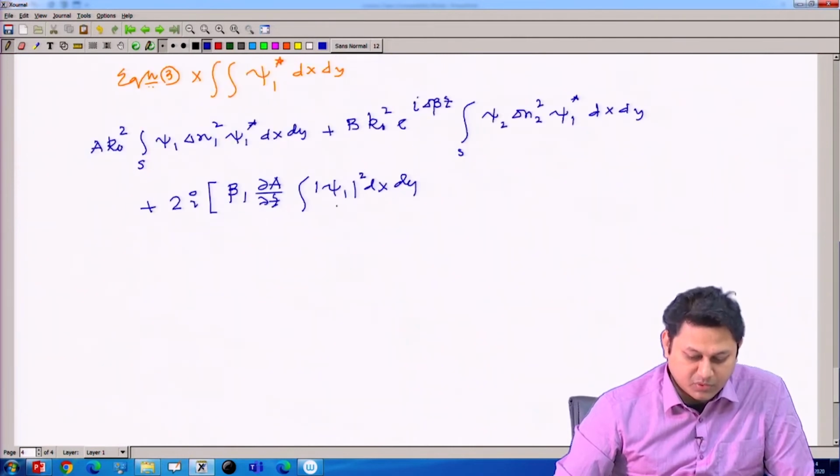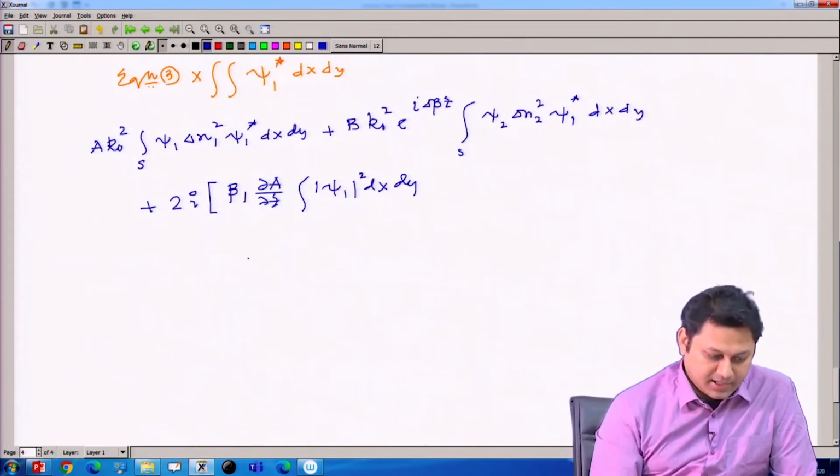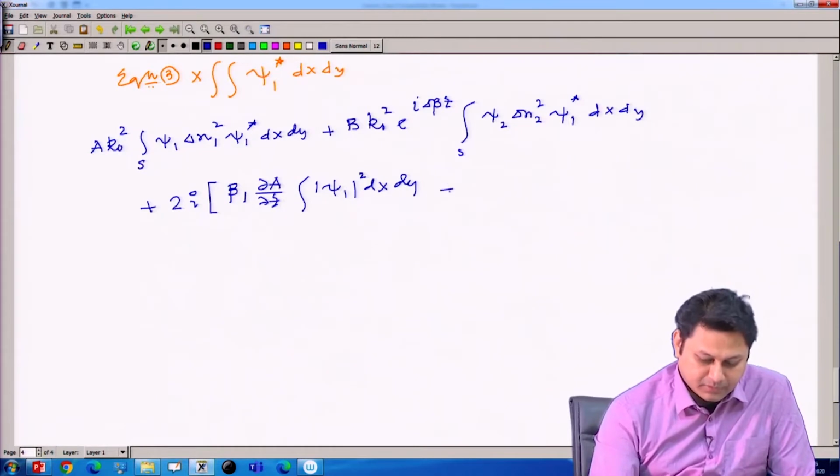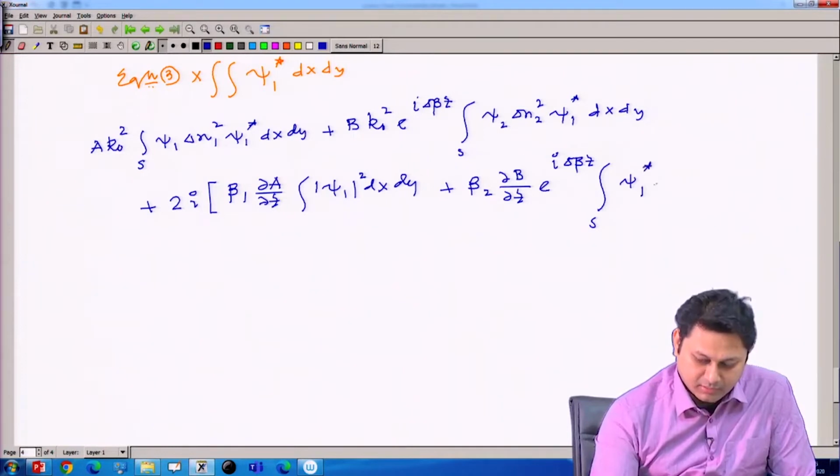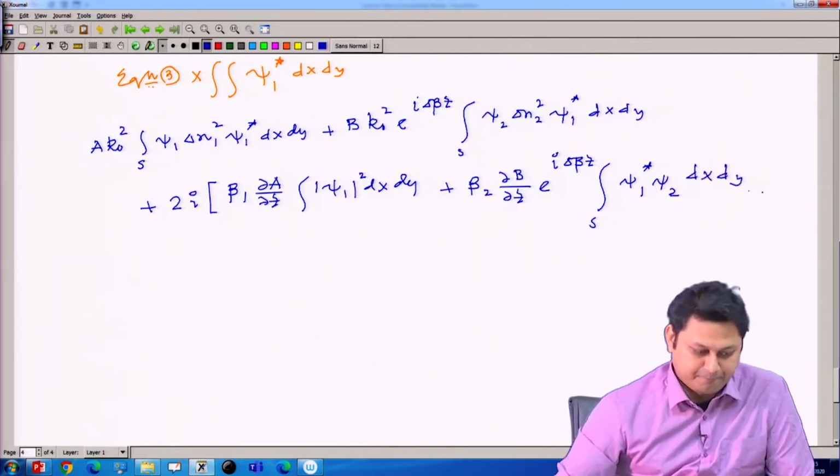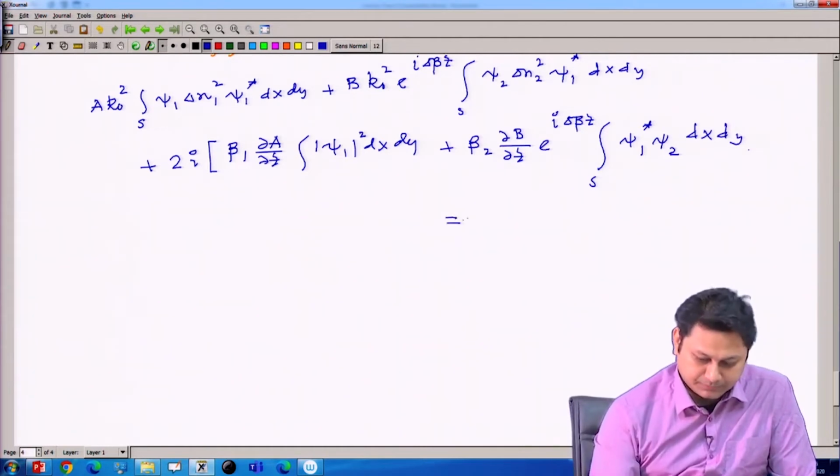So one integration should be mod of psi 1 square, and another integration will be beta 2 del b del z. With the beta term I always have the phase, and then integrate psi 1 star psi 2 dx dy. This is equal to 0.